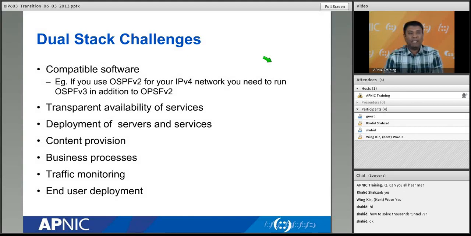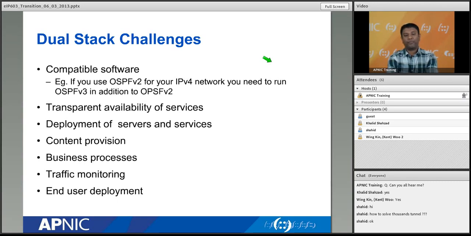There are some challenges in dual stack. For example, if we run a dual stack network in our IP core network, and we have OSPF as the IGP, we need a new version of OSPF, which is OSPF version 3. And then the business process, traffic monitoring, and end user deployment are all big challenges.